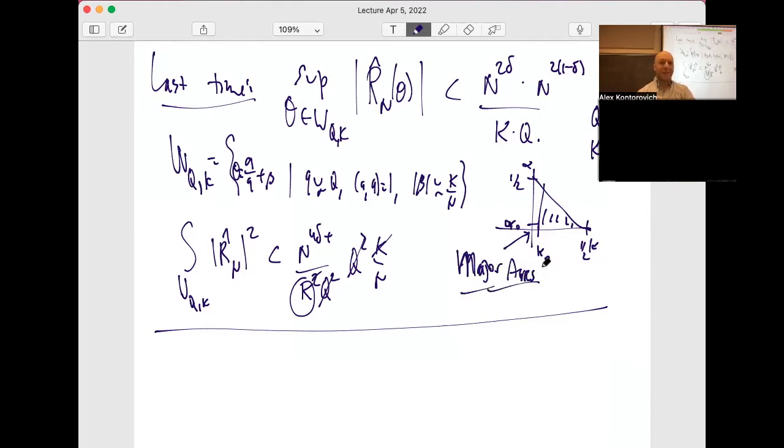And there's going to be some kappa 0 where as long as beta is less than k0 over n, and q is less than q0, which q0 is n to the alpha 0, then we can get a good approximation to what's going on, and we can estimate everything, and we'll get some singular series times n to the 2 delta minus 1. Okay.